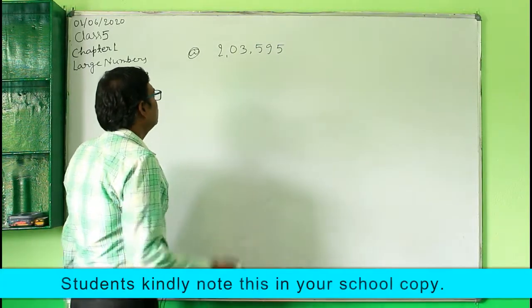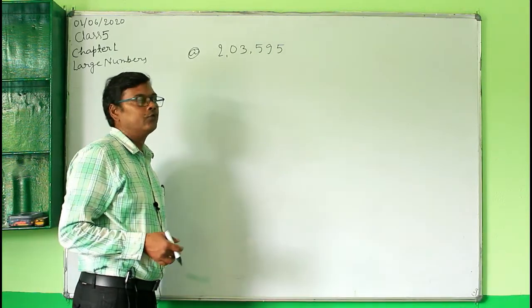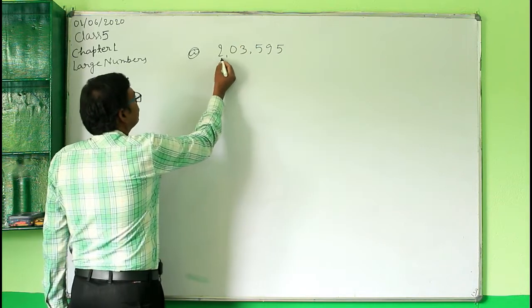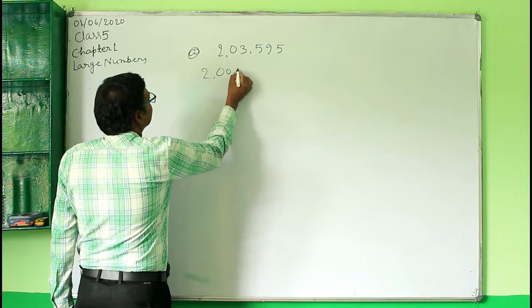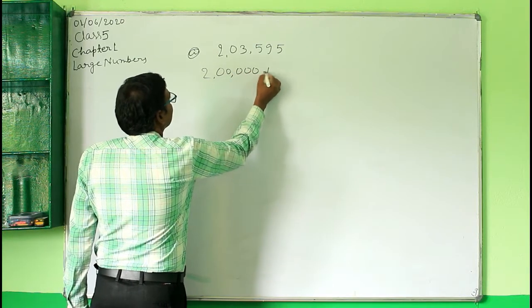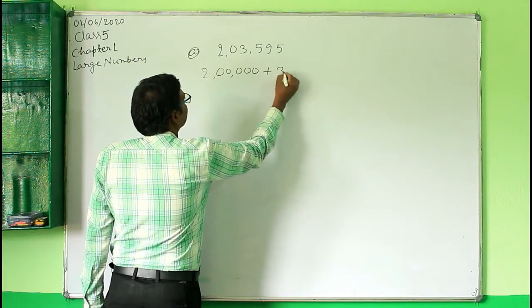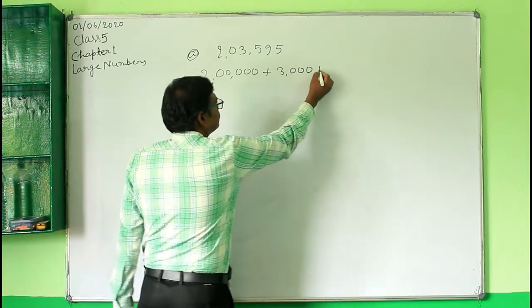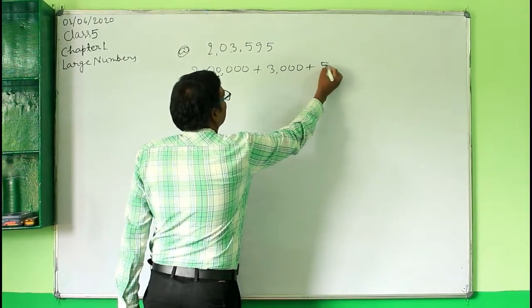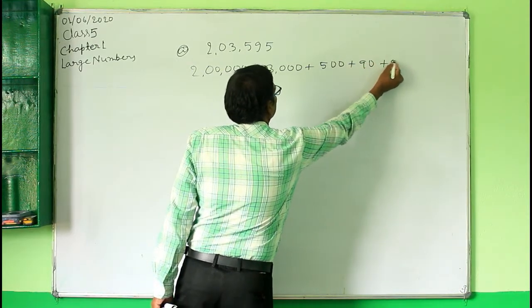You have to write this number in the expanded form. See here, the first number will be 2 lakh. The next will be, because it is 0 here, so it will be 0. The next will be 3,000 plus 500 plus 90 and then 5.